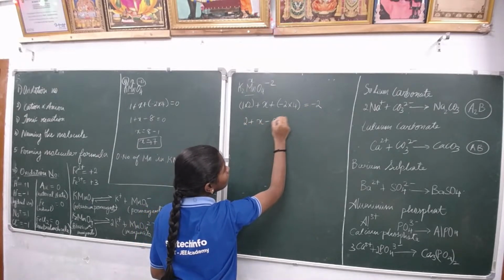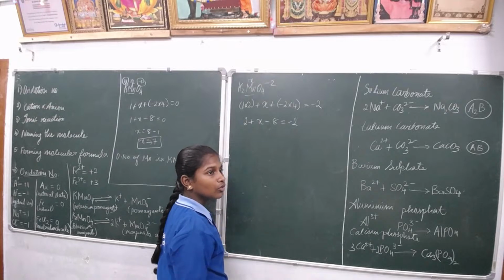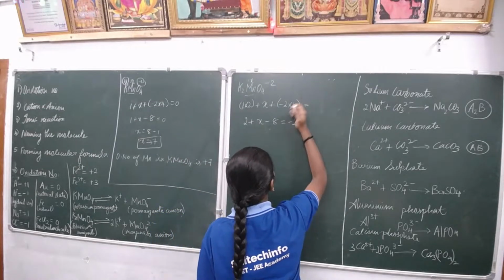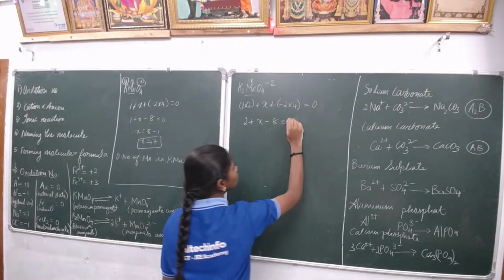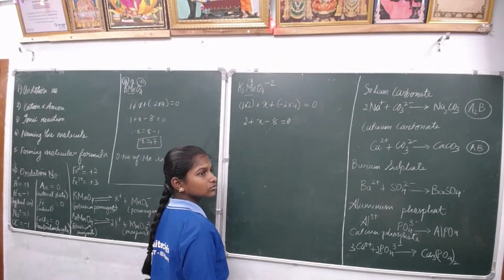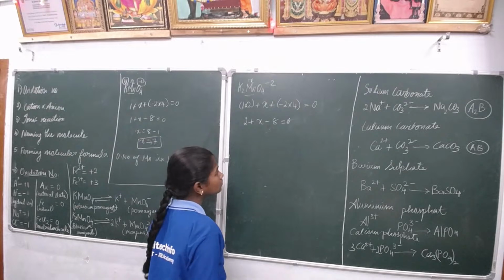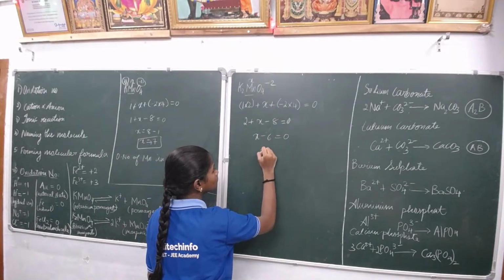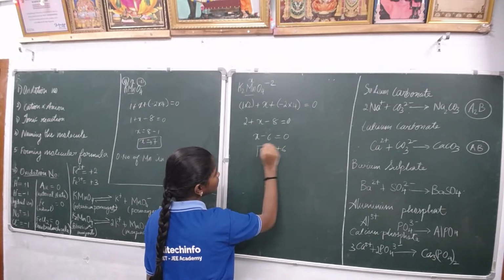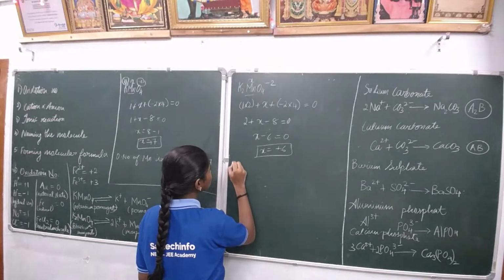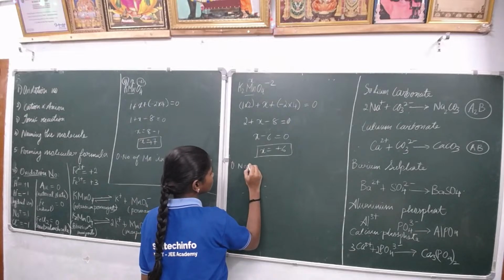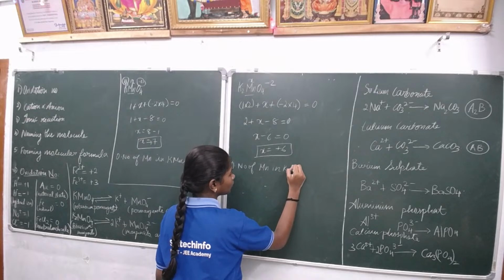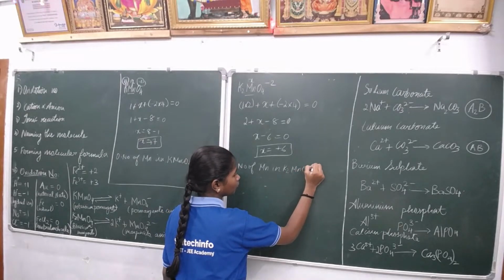The net oxidation state is 0. So you have to write down the oxidation number of manganese in K2MnO4. You must remember this as plus 6. So here it is plus 7, here it is plus 6.